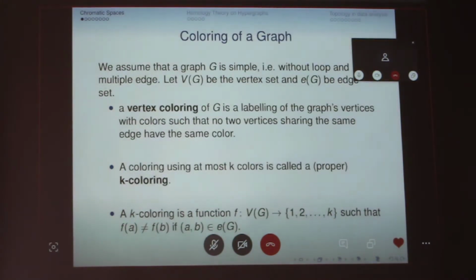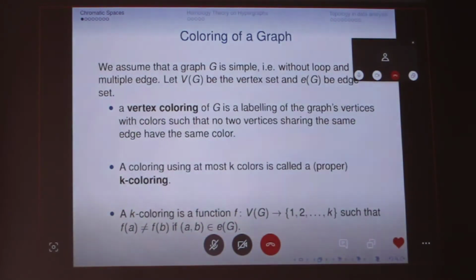So let's go back to the basic things in graph theory. When you view a graph here, I take only simple graphs. Now we talk about the coloring of a graph.